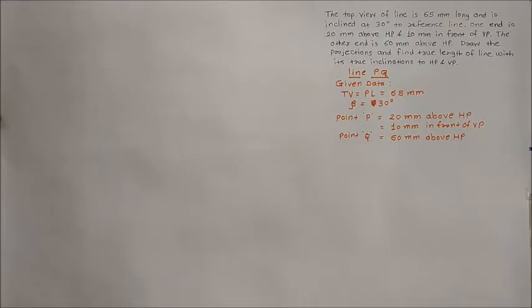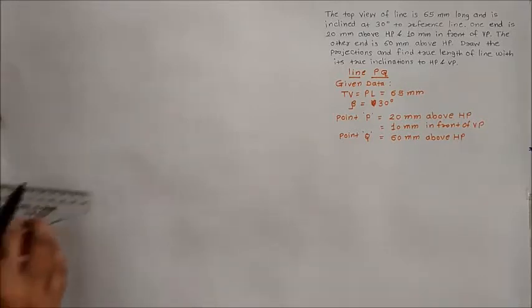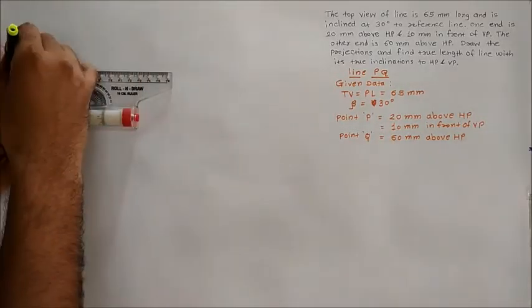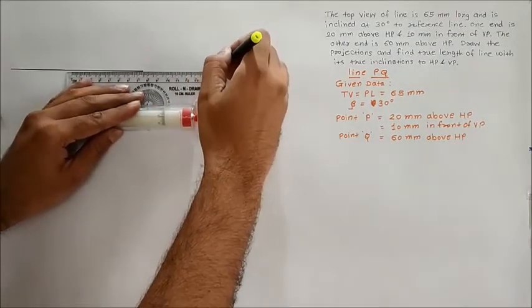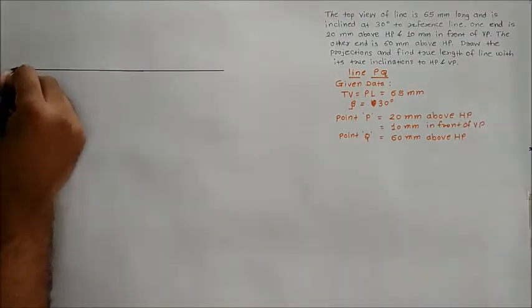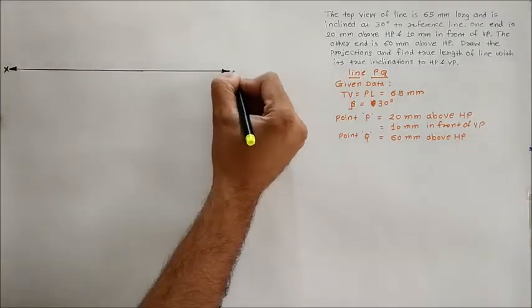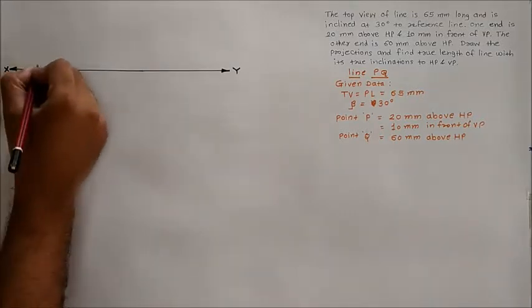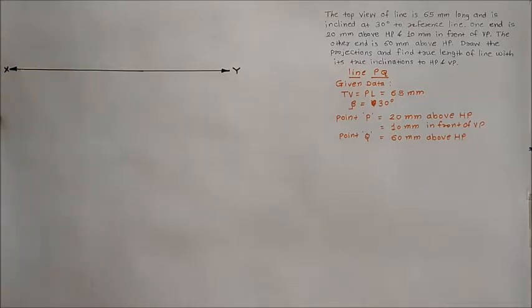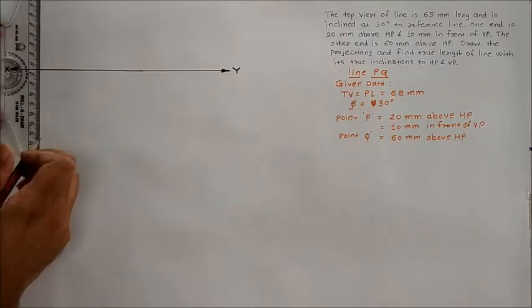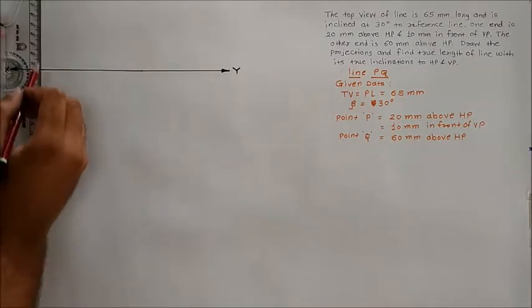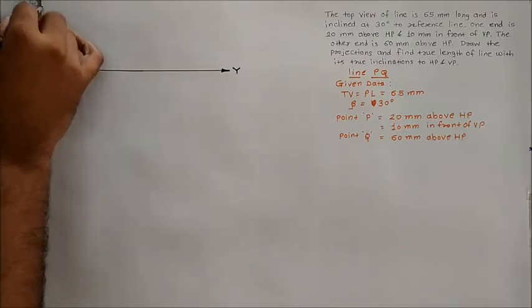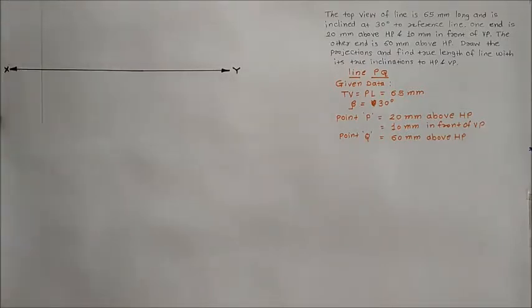At first, we will draw the XY line. Then we will mark the point P as per the given data. So for marking point P, we will consider a point on the XY line and through that point draw a projection line which is perpendicular to the XY line.